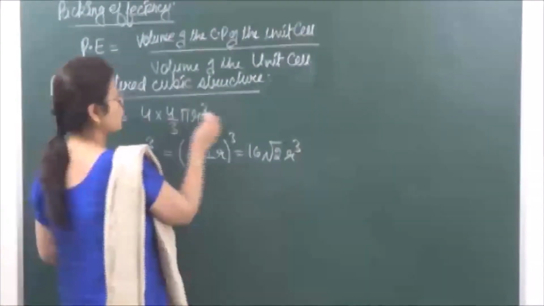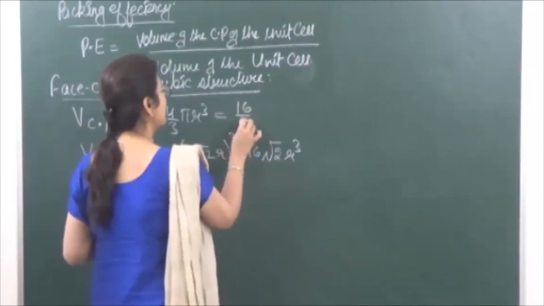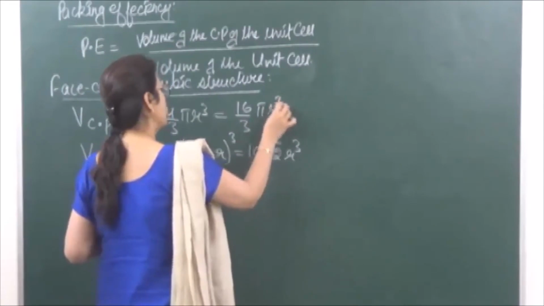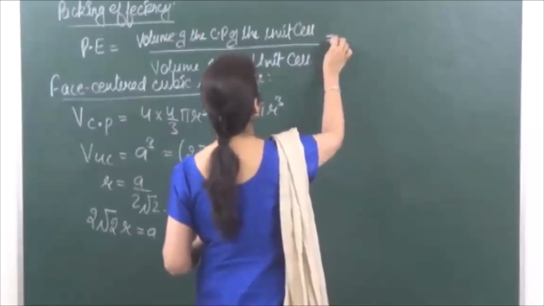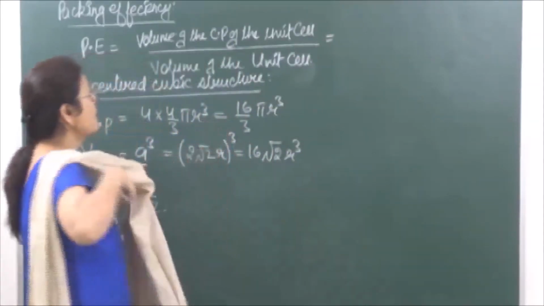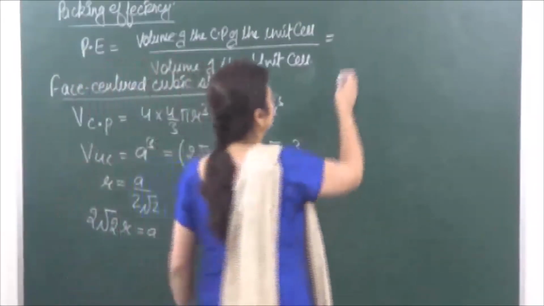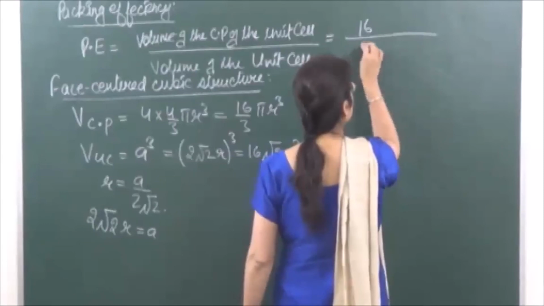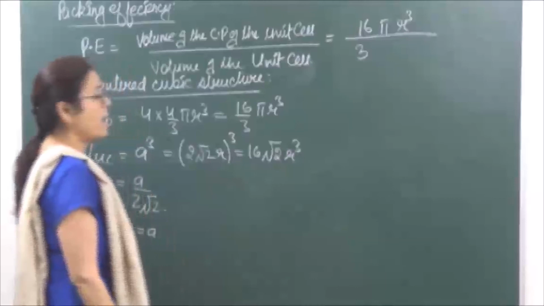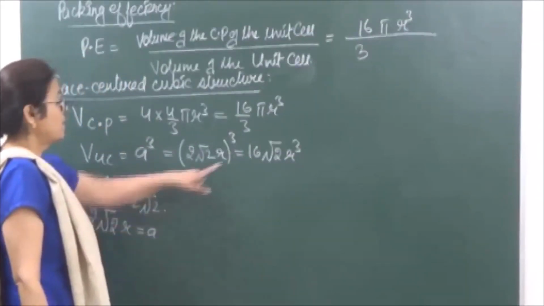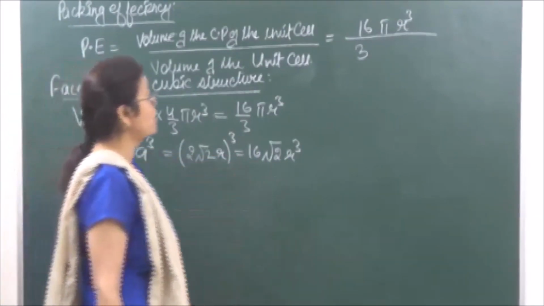Let's calculate this also a little. 4 into 4, that is 16 by 3 pi r cube. Now the packing efficiency is what? Volume of the constituent particles of a unit cell. So volume of constituent particles is 16 by 3 pi r cube, and volume of the unit cell is 16 under root 2 r cube.